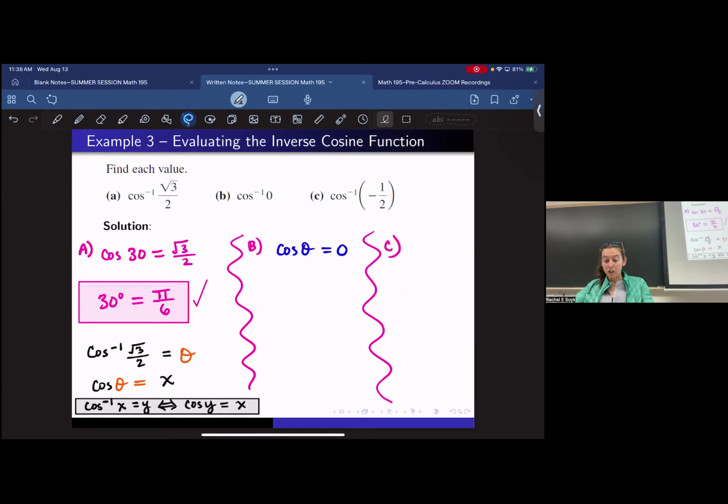Essentially, whenever you see the inverse, just treat this as your solution and figure out, okay, well, cosine of what angle will give me that solution?